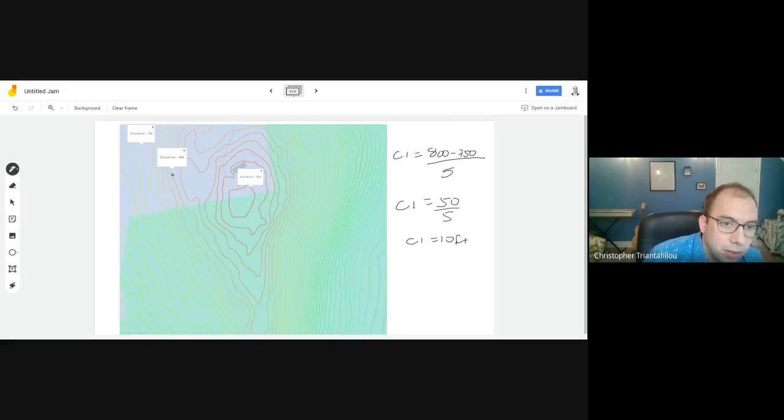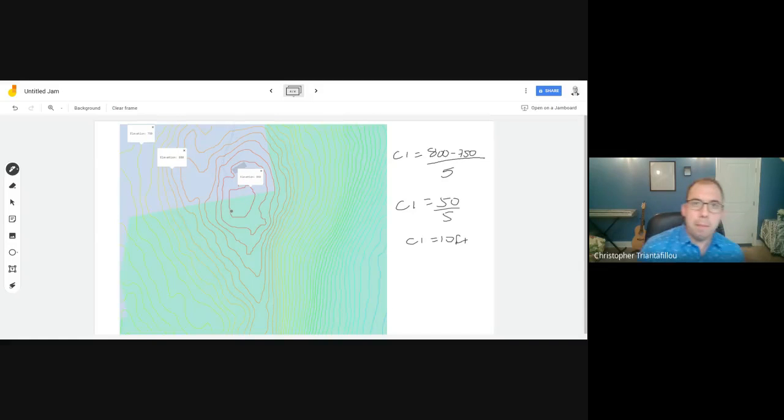So let's try by 20s. 800, 820, 840, 860. That also doesn't work. Try by 10s. 800, 810, 820, 830, 840, 850. That works. So that's another way, an easier way to get your contour interval if you just want to do it that way. It doesn't matter. 750, 760, 770, 780, 790, 800. Good. Now, we have our contour interval.